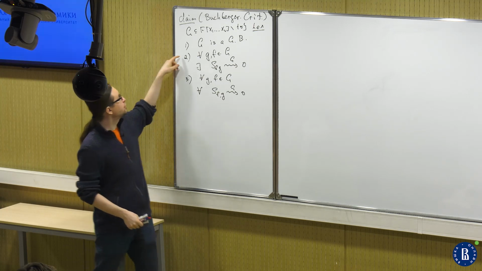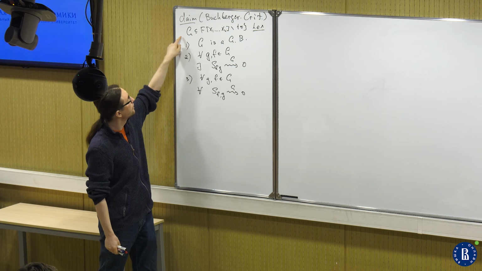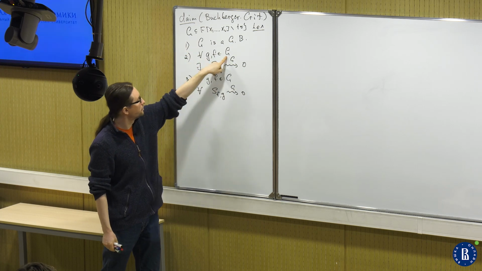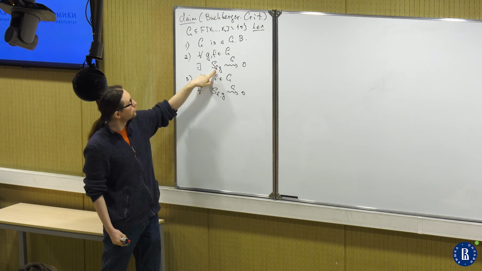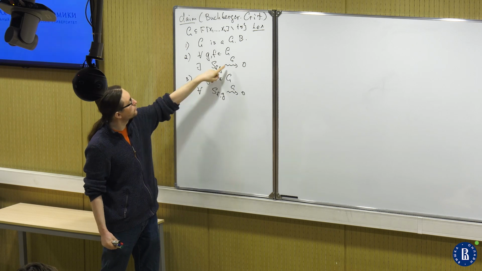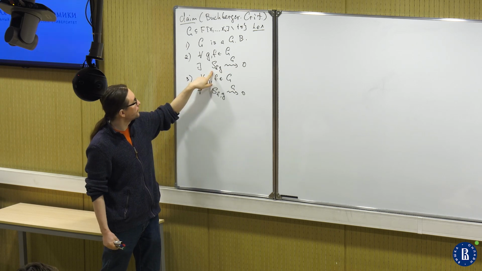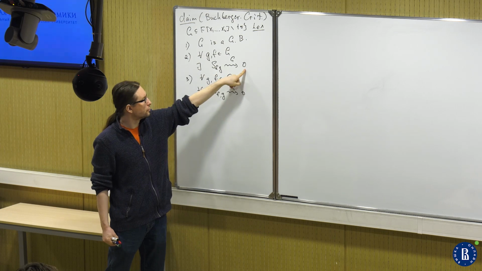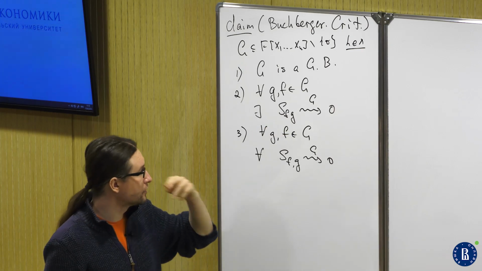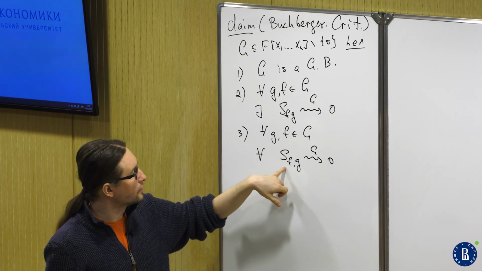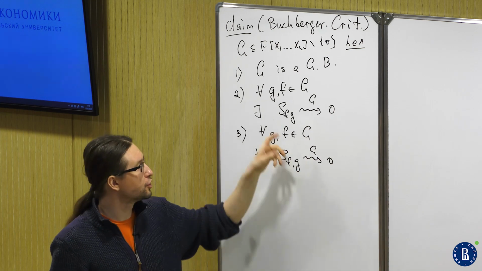So if you want to check if something is a Gröbner basis, you want to go through all the pairs of polynomials, and you want to try to find a reduction of this S polynomial to 0. And if you can find at least one non-zero reduction, you don't need to check all the reductions.